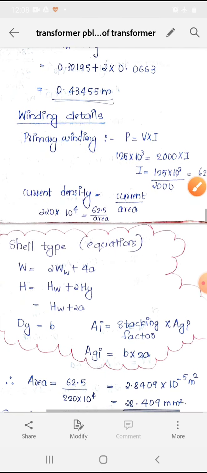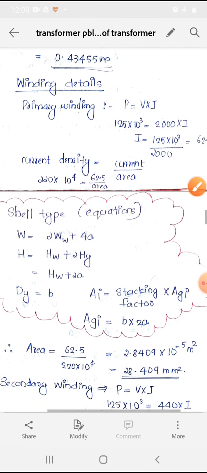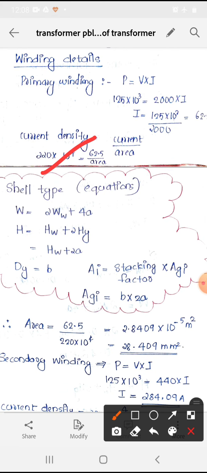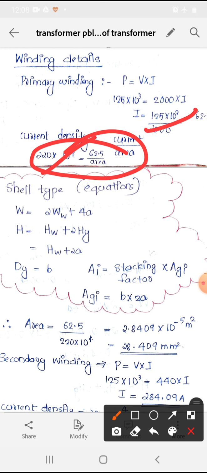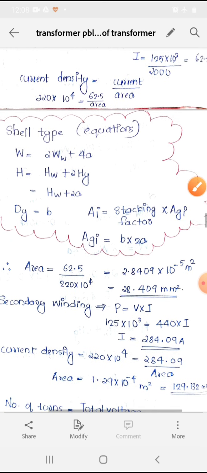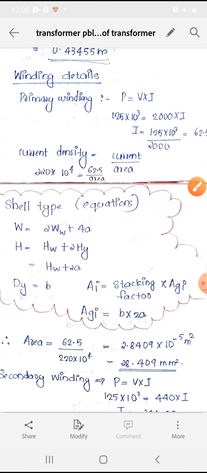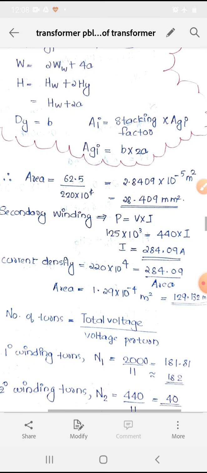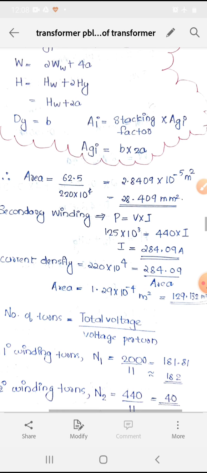Now we know the current density formula as current density is current by area. So current density is given in the question, and current we got from here, and from here we will get the area of the primary winding. Okay, so we found the primary winding current as well as the area of the primary winding. Now we will go to the secondary winding side.